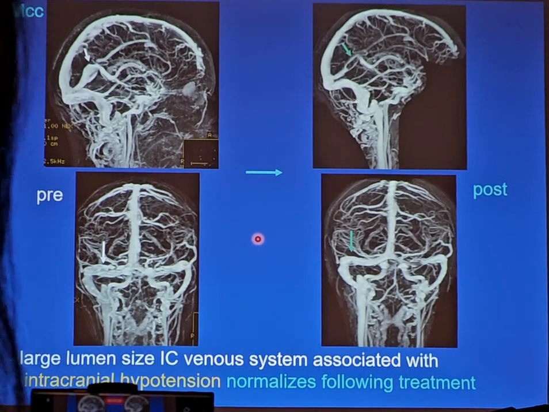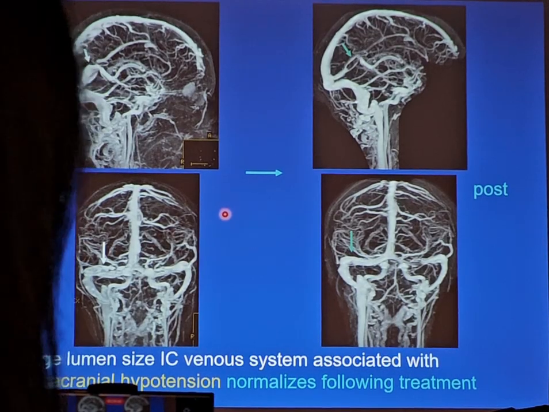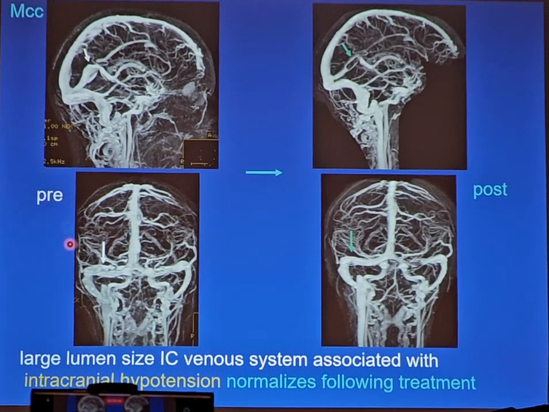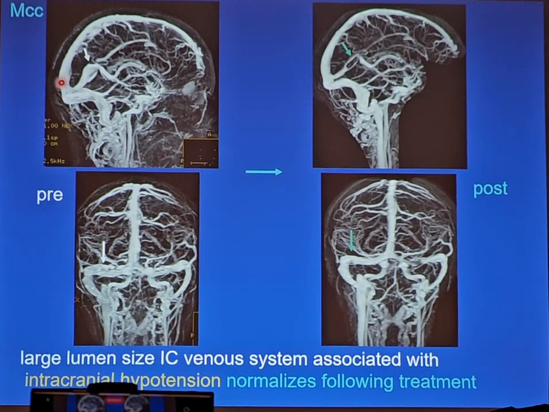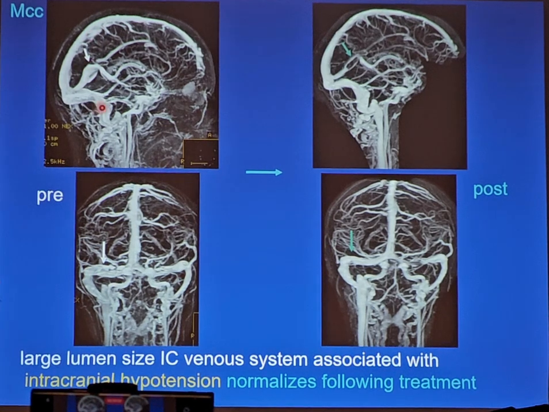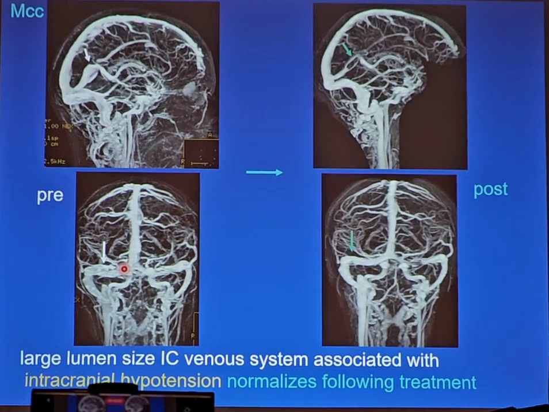Now the next thing that lately, because of embolization techniques being applied, has been the entity of intracranial hypotension. In hypotension, with decreased intracranial pressure, the veins become juicy, fat and prominent everywhere. And if you treat the patient by blood patch or by endovascular technique or surgery, you will see how these veins completely collapse. They become normal size again compared to before.